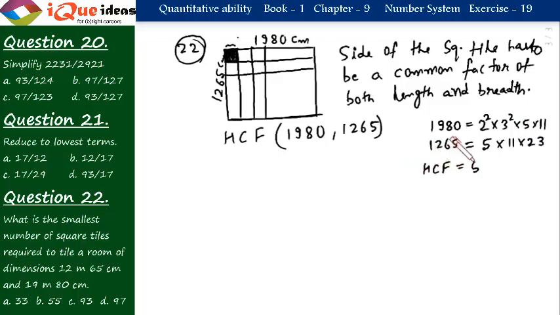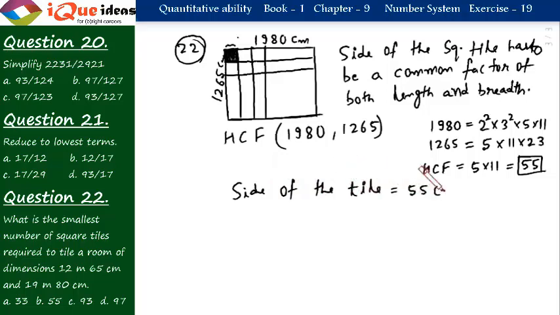So the HCF of these two numbers is 5 into 11, which is the common factor. 5 into 11 is 55. So 55 centimeters should be the side of one tile. The side of the tile is equal to 55 centimeters.